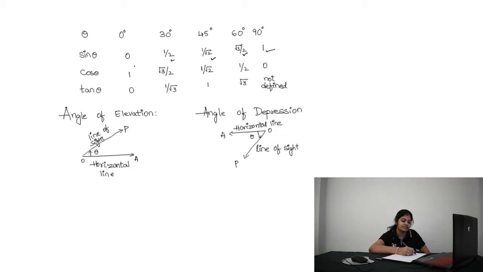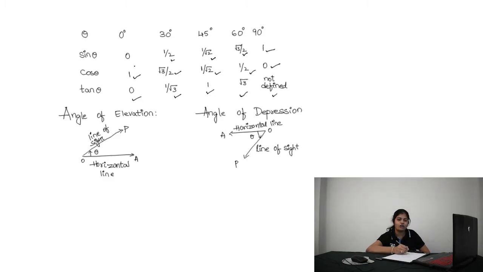Cos 0 is 1, cos 30 is root 3 by 2, cos 45 is 1 by root 2, cos 60 is 1 by 2, and cos 90 is 0. Tan 0 is 0, tan 30 is 1 by root 3, tan 45 is 1, tan 60 is root 3, and tan 90 is not defined.